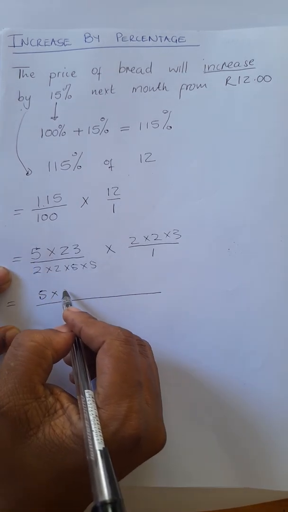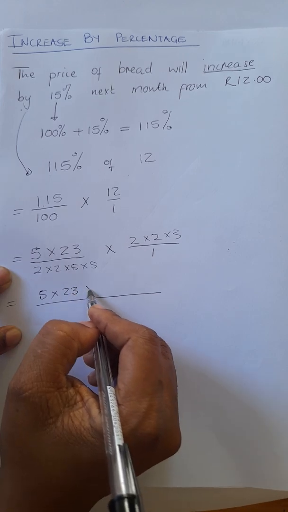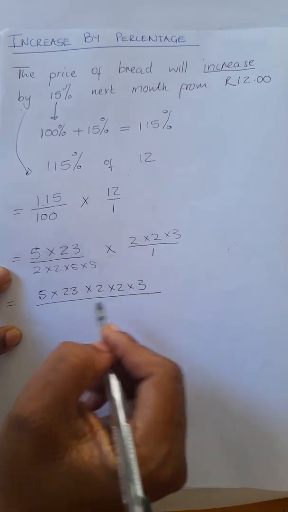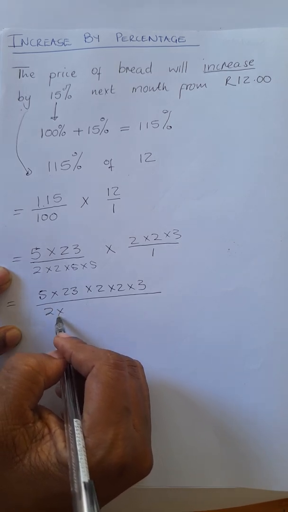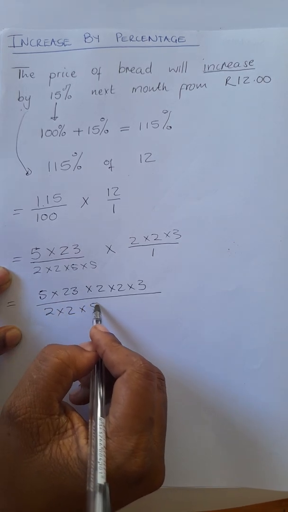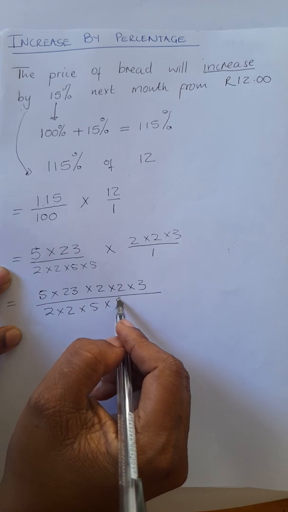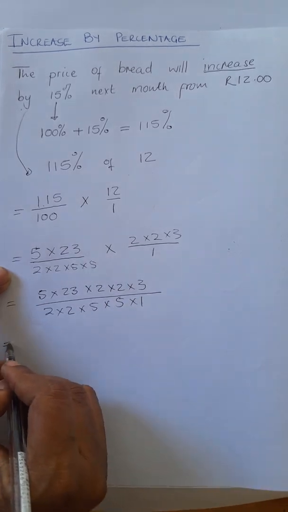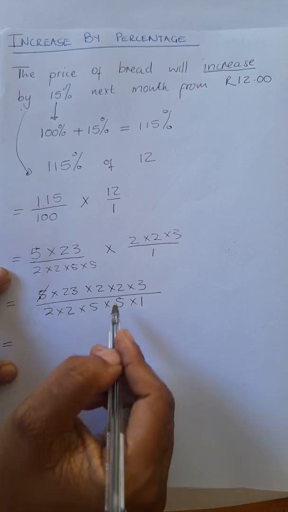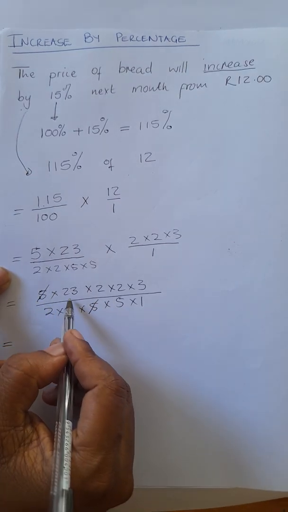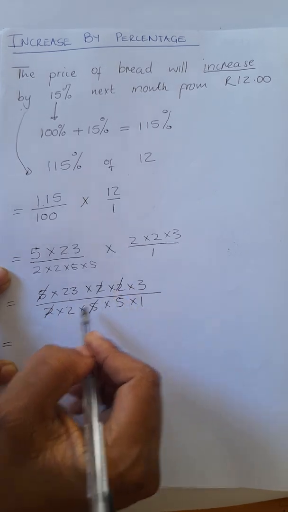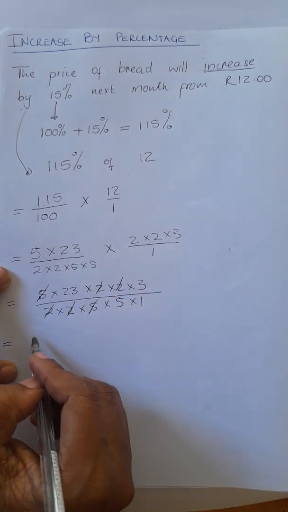Everything at the top: 5 times 23 times 2 times 2 times 3, divided by 2 times 2 times 5 times 5 times 1. We have 5, we don't have 23, we have 2, we have 2, and we don't have 3.